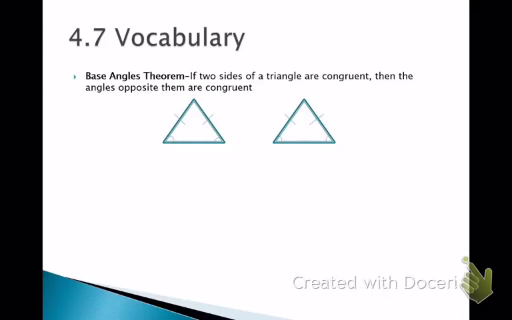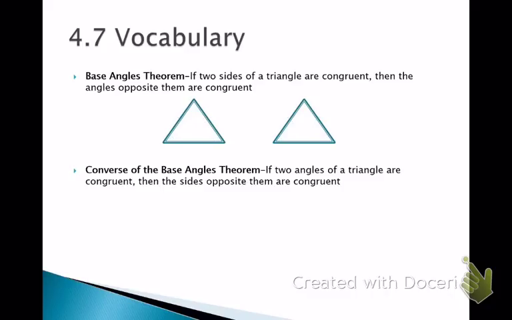Okay? Well, there's also the converse, which is true. The converse says, okay, if two angles of a triangle are congruent, then the sides opposite them are congruent. So go across, and those are going to be your congruent sides.